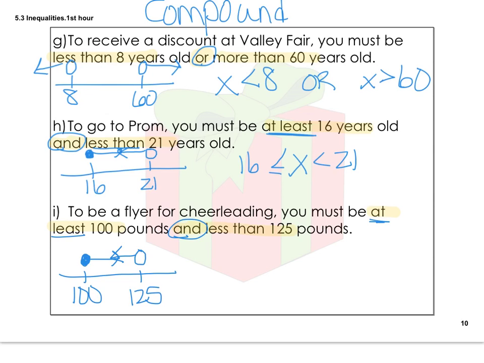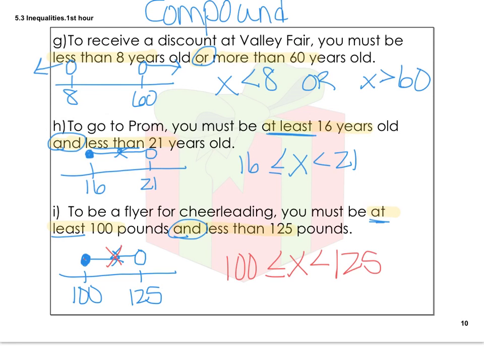So again, notice those two arrows here overlap. So our X is going to go in the middle, sandwiched between two inequality symbols. And I should say less than inequality symbols. Our first circle is closed, so I'm going to put an equal to. Our second circle is not, so we're going to leave it as open. And again, just filling in the numbers from smallest to biggest. And here's the inequality that represents this situation here.